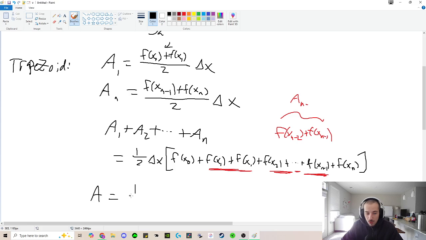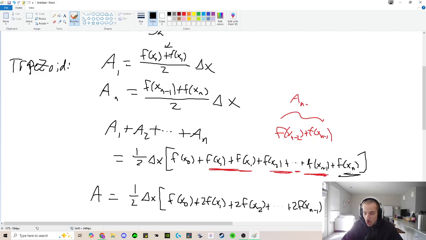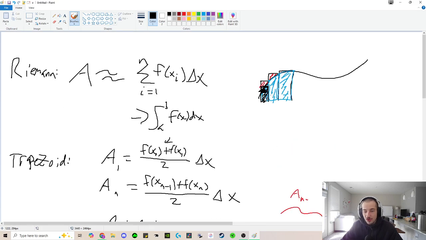So the idea here is that the trapezoid area is going to be 1/2 delta x times f of x0, plus 2 f of x1, plus 2 f of x2, and so on, plus 2 f of x_{N-1}, and then plus just 1 f of x_N here. If you look at this shape, this guy is getting double counted for this trapezoid and this trapezoid. This guy is getting double counted for this trapezoid and this trapezoid.